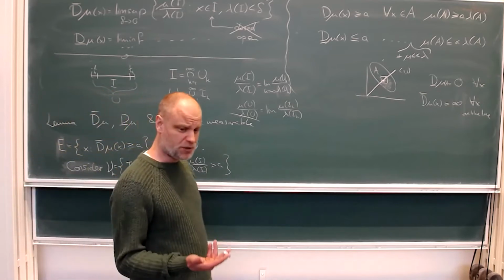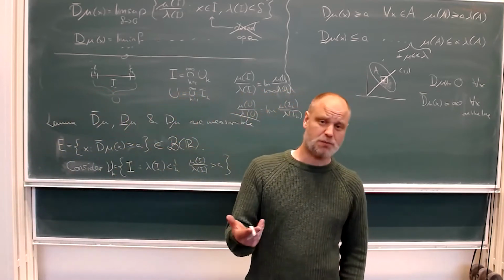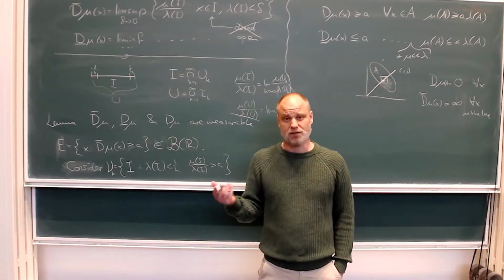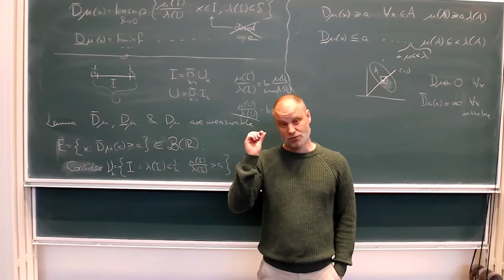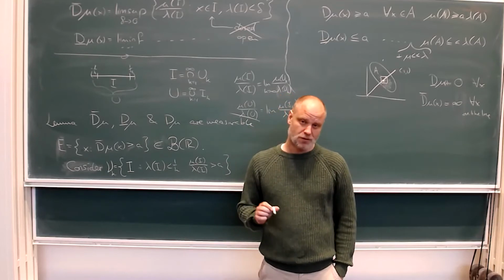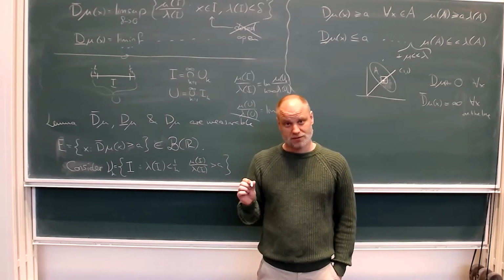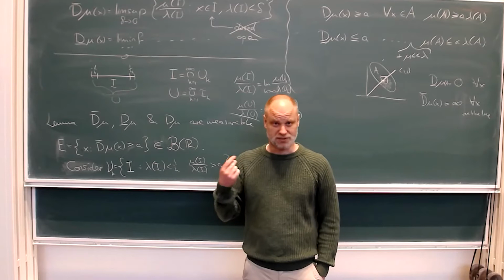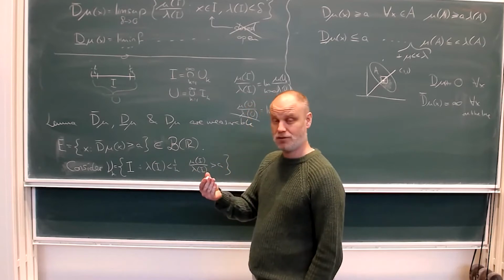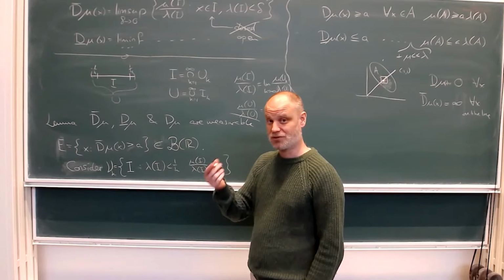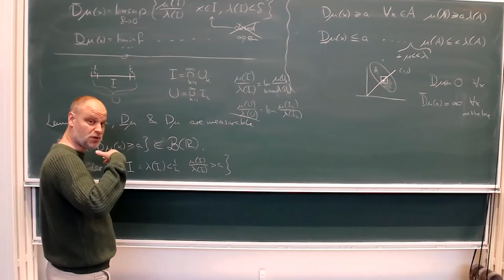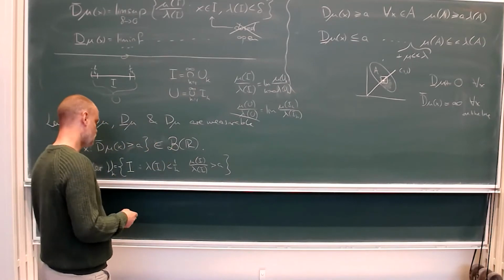Taking uncountable unions from a sigma algebra point of view is a bad thing to do, because you can get basically anything by uncountable unions, except if you deal with open sets. Because of the way topology is constructed, uncountable unions of open sets are fine, just like you can do uncountable intersections of closed sets. But you're only allowed finite intersections of open sets. In the sigma algebra, you can do countable on both sides. So there's a curious difference there.